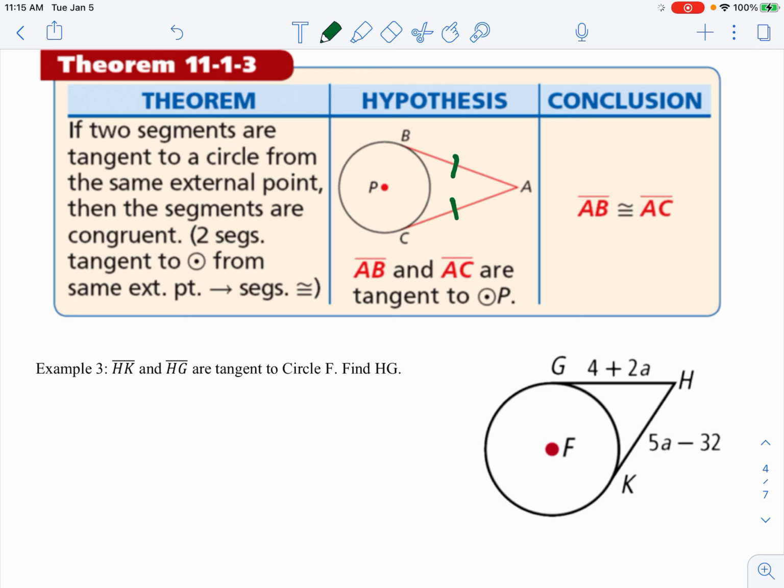All right, so notice in example 3 here, we've got two tangents coming off of a circle. Therefore, they have to be equal to each other. So 4 plus 2a has to be equal to 5a minus 32. Let's solve it. Subtract 5a from both sides.